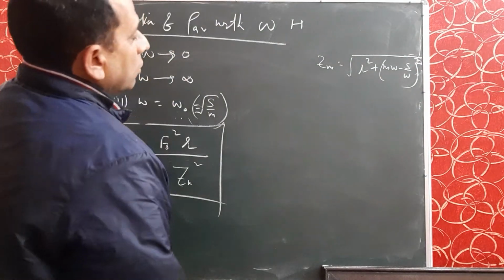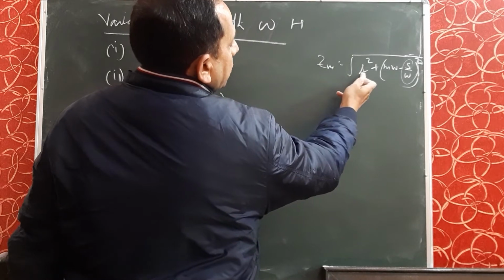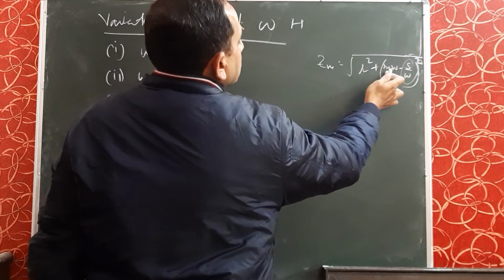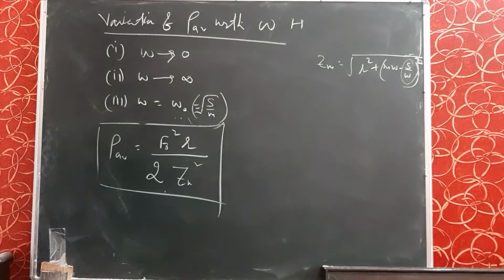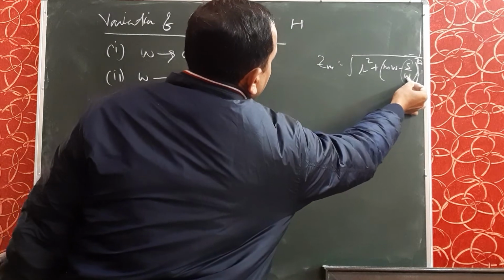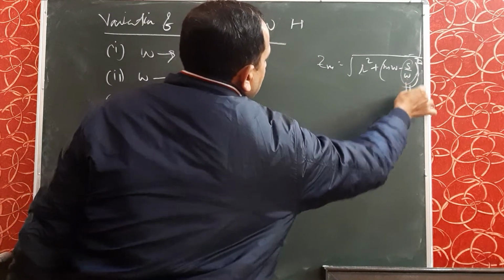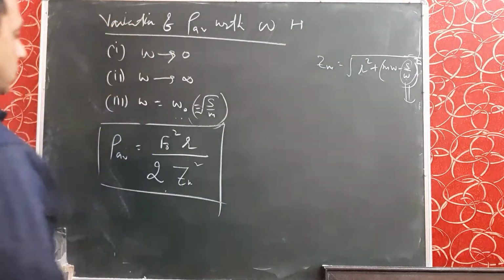When omega tends to 0, this term will dominate because it is finite: m into 0 means 0, and this term will become infinite because something over 0 becomes infinity. So this term will dominate and overall Zm becomes s by omega.